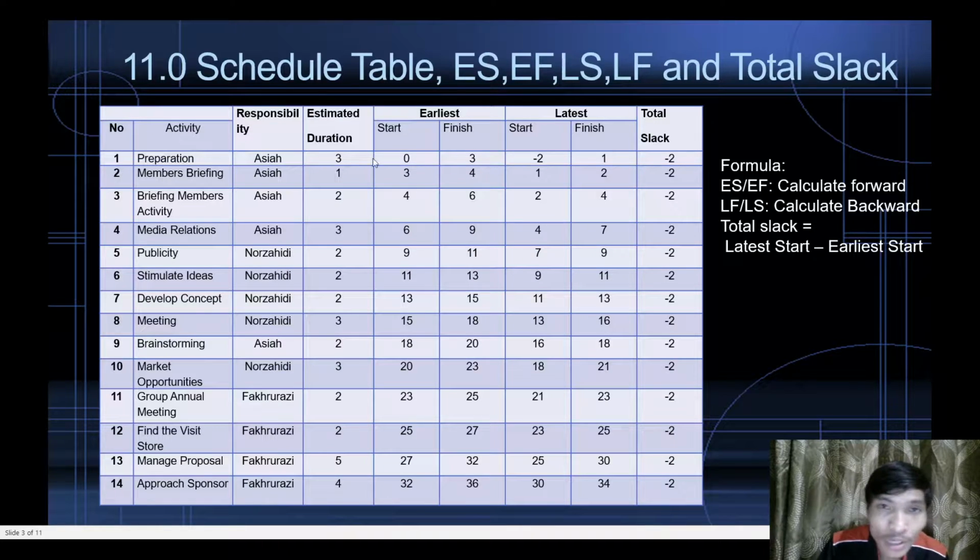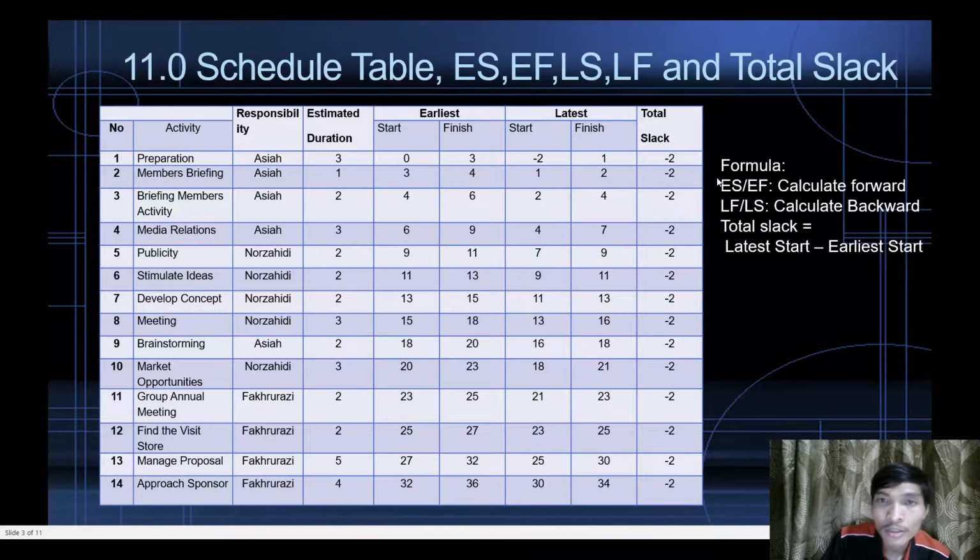We can see that from 0 days as the earlier start on the first activity, handled by Asia, it becomes the third day finish.